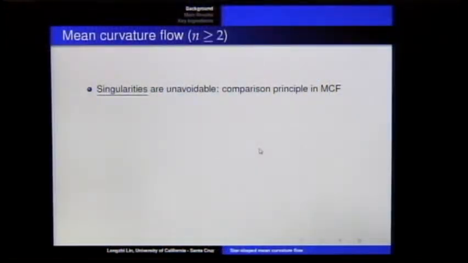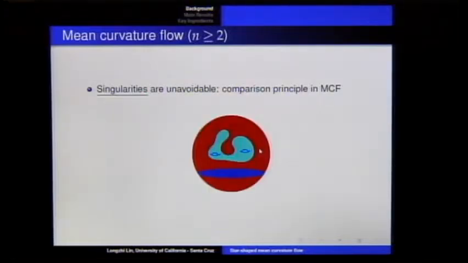So as I said, singularities are unavoidable, right? This simply comes from the comparison principle that we see for the PDE satisfied by the mean curvature flow. So if you take a compact initial hypersurface and enclose it by a large sphere, we know that the distance between the two hypersurfaces is actually non-decreasing along the flow if you run the flow simultaneously for the two initial hypersurfaces.